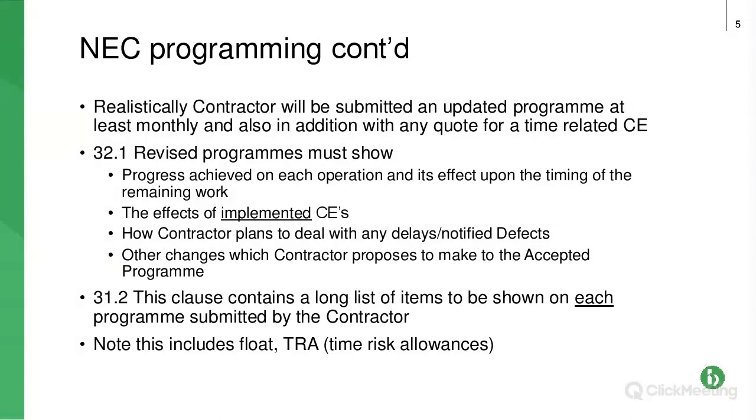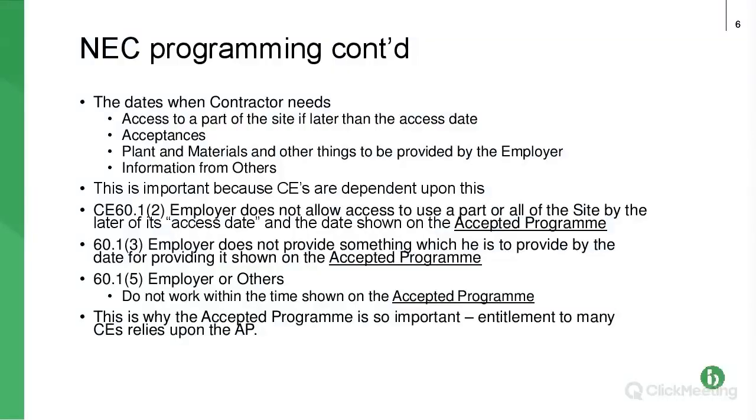So, hopefully you can see why it's really important to distinguish between them on the programme. And if you get them muddled and you call it float, then the employer, the paying party, will be saying, no, that's to be used to cover any compensation event delay, and not give the contractor any extra time, an extension of time.